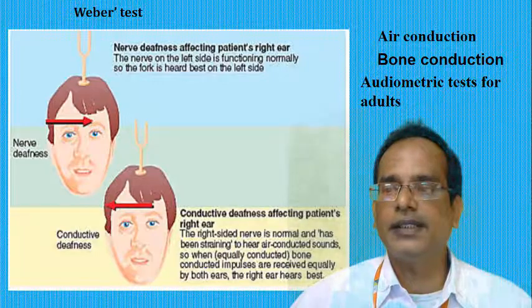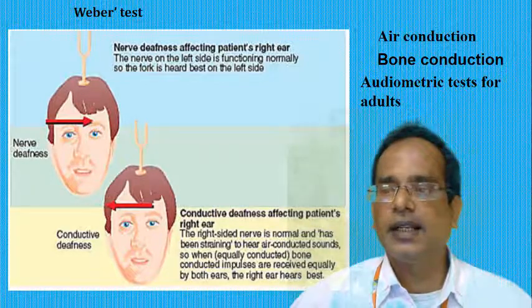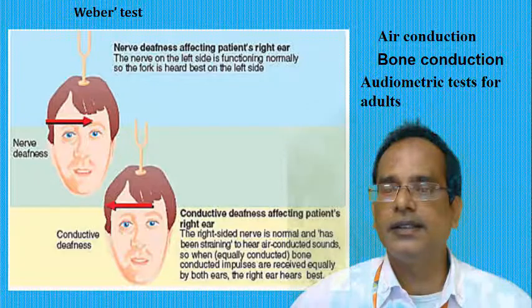In the Weber test, a 512 Hz tuning fork is placed on the patient's forehead. If the sound is lateralized, that is, louder on one side than the other, the patient may have either conductive hearing loss or contralateral sensorineural hearing loss.